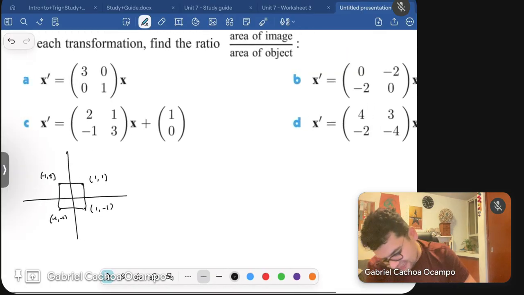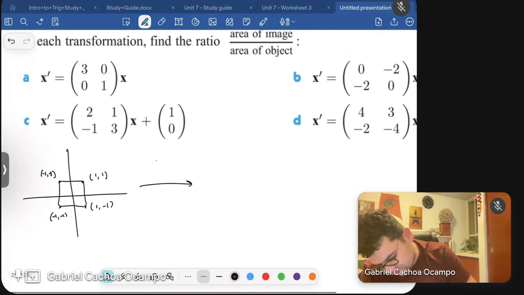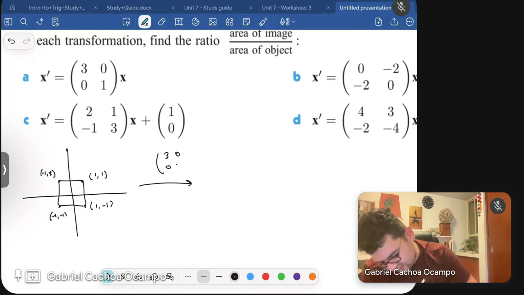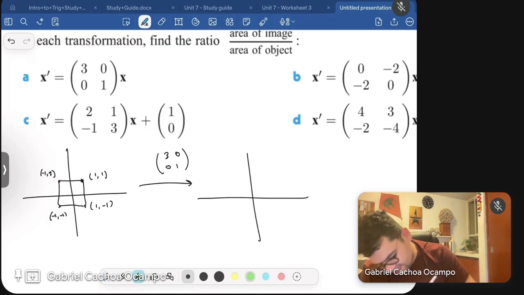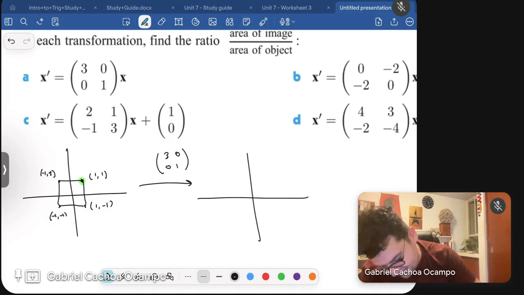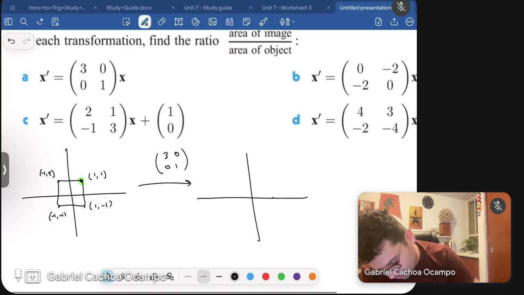If I apply this transformation, the transformation 3, 0, 0, 1, to each point, what am I doing? O sea, so for example, this point, the 1, 1, is going to go now to 3, 1, no? O sea, this point is now going to be at 3 in x and 1 in y.